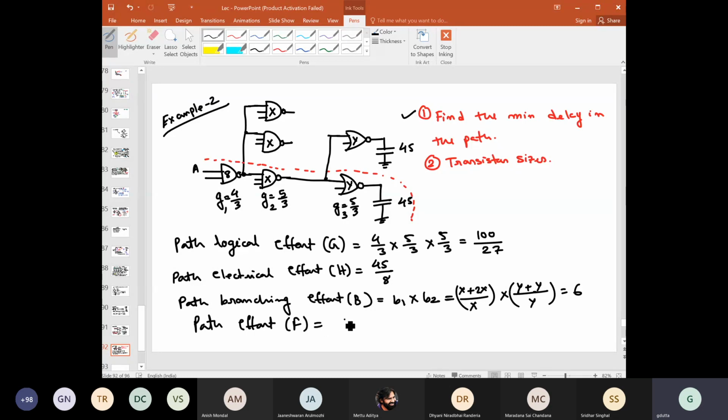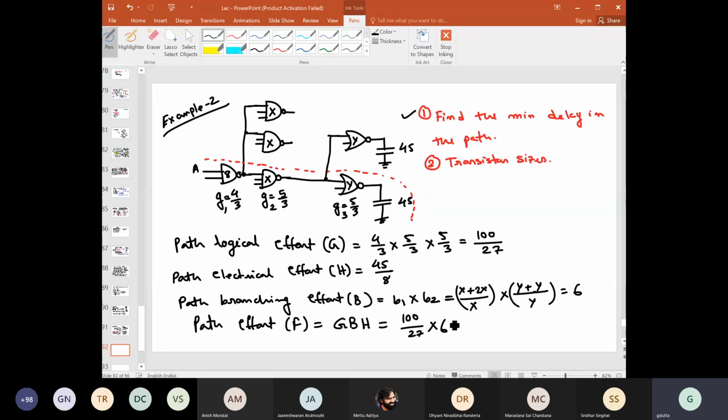Capital F, path effort, is equal to GBH. Earlier we used only G into H because there was no branching, but now we have branching, so you have to use GBH. What is the value of G? It is 100/27. The value of B is 6.